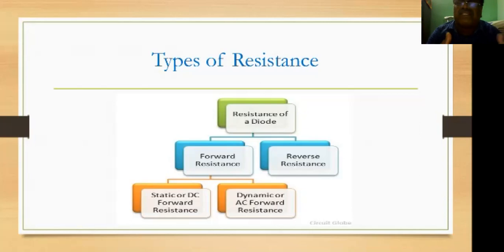Static means constant resistance. Dynamic resistance means variable resistance. For example, instead of 10 kilo ohms, sometimes it will become 5 ohms or 20 ohms, like that. That resistance value always changes. That is called the dynamic resistance. Please remember.